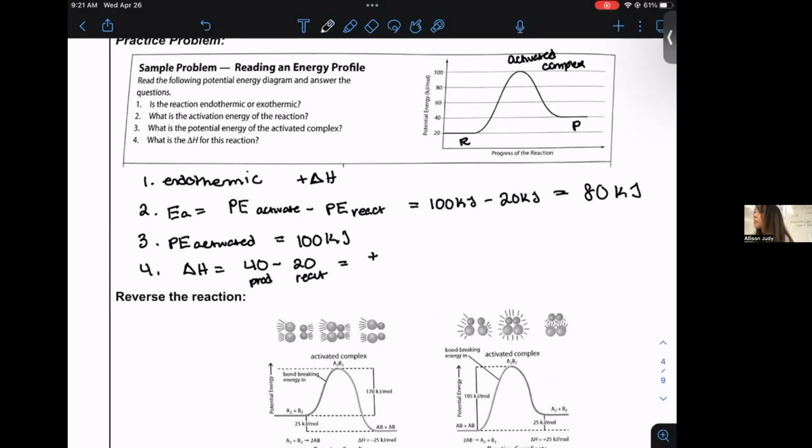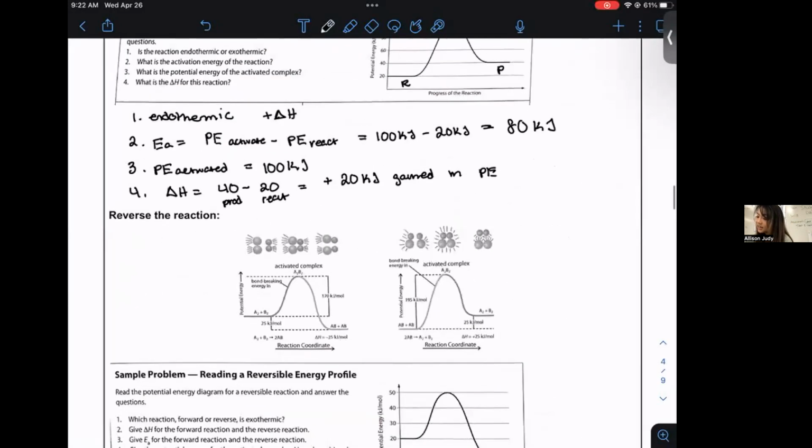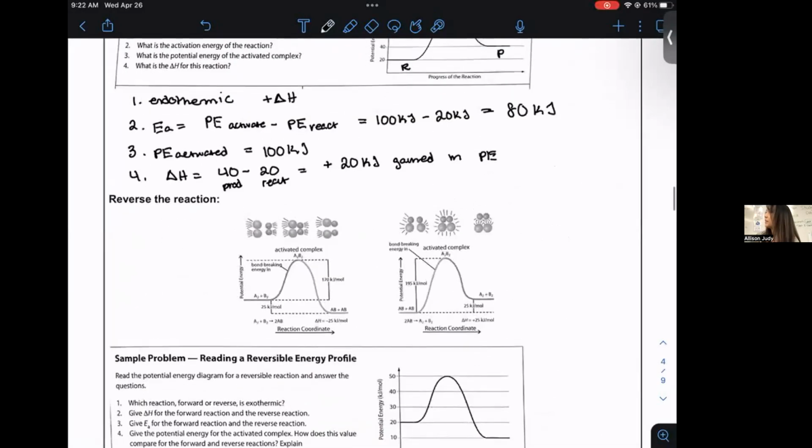And here sign does matter. You have to specify if it's positive or negative. 20 kilojoules gained in potential energy for this process. Pretty easy.